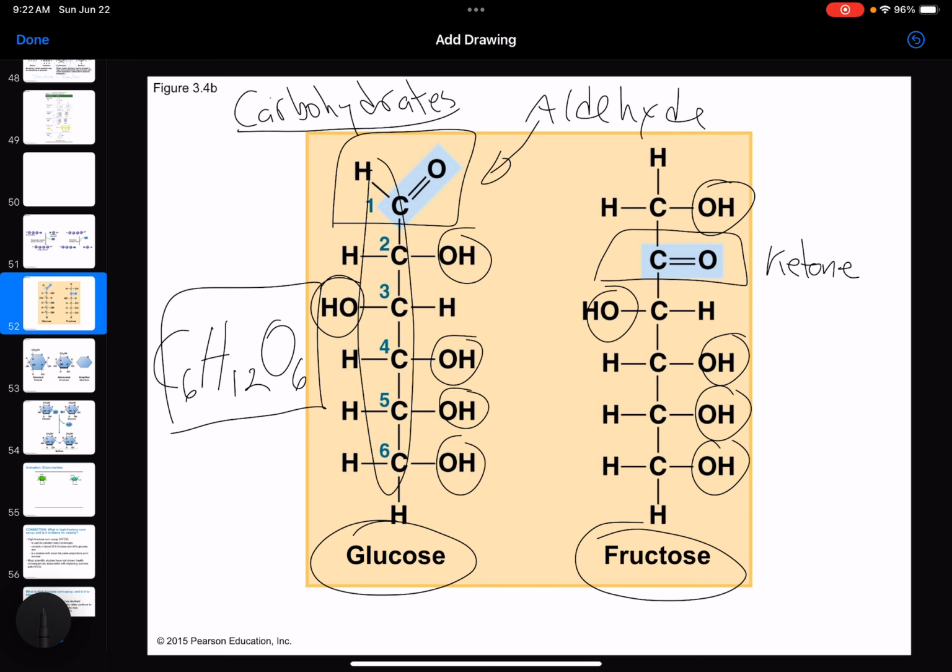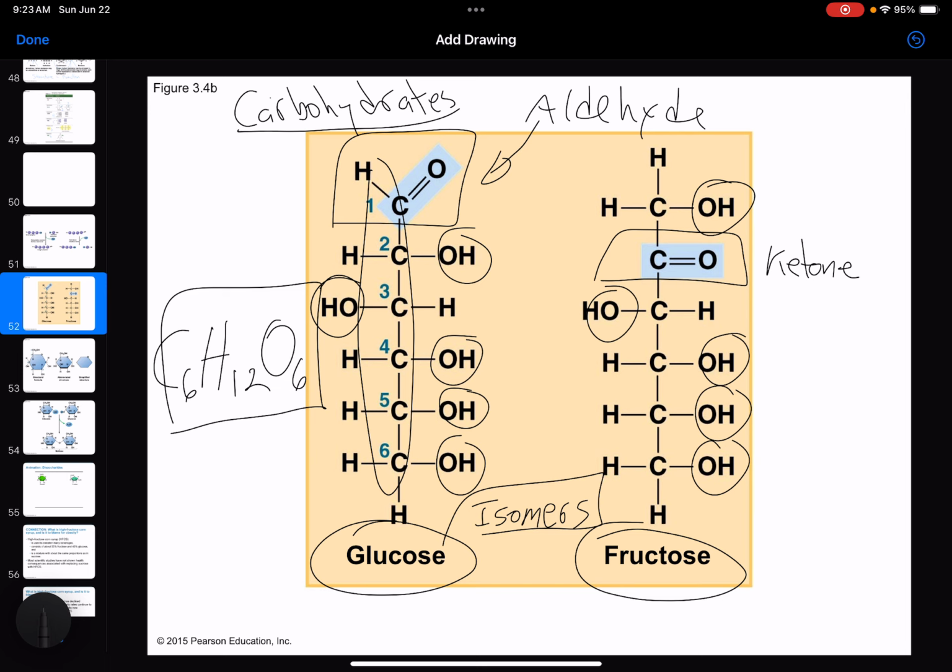They both have the same molecular formula. But do they look the same to you? They don't. So these two, glucose and fructose, are examples of what we call isomers. All right, if you knew that word as I was developing this information, you're doing great, okay? If that word didn't come up right away, but you knew that you had heard this before, okay, you're growing, you're developing your understanding of this type of chemistry.